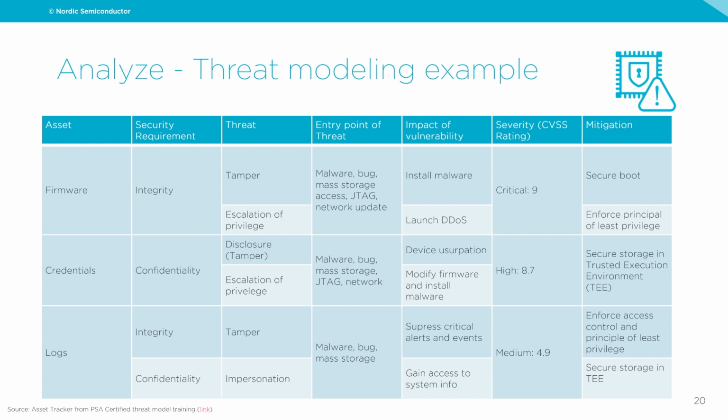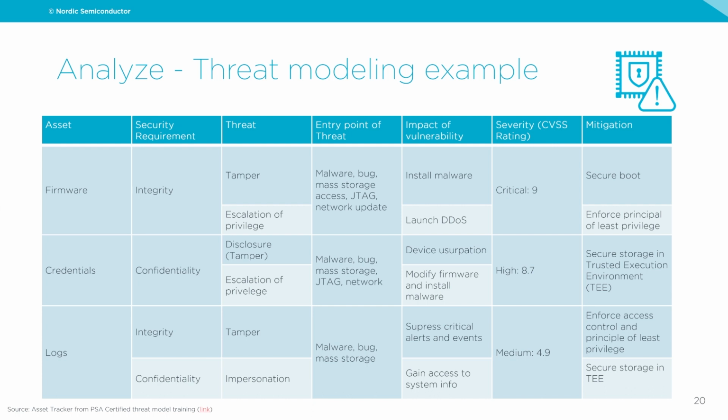In the case of tamper, the impact of that vulnerability would be the ability to suppress critical alerts and events. That means the device owner would lose visibility on what's happening to the device in the field if someone can tamper with the logs. And in case of loss of confidentiality, the impact is gaining access to system info.